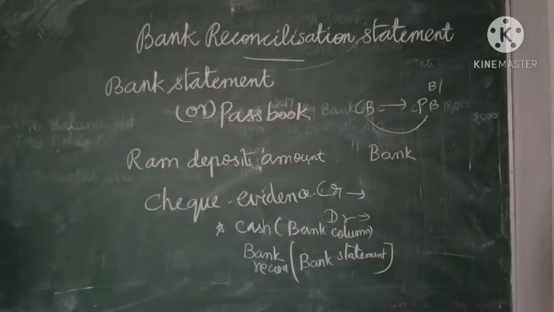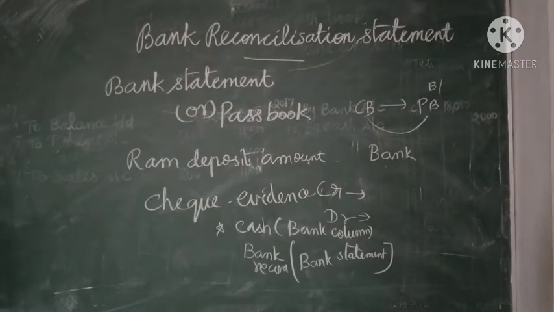Then see, it can be said that the cash book maintained by the business and the ledger account maintained by the bank record the same transaction. Then the bank statement or passbook is simply a copy of the customer's account in the book of the bank.